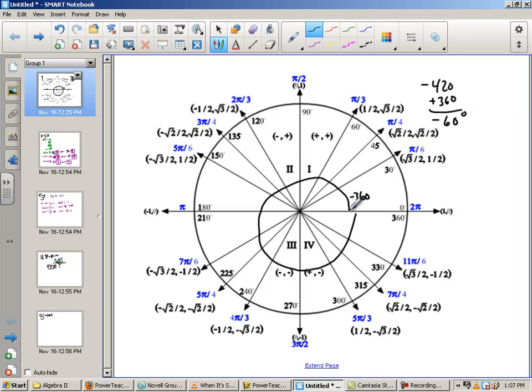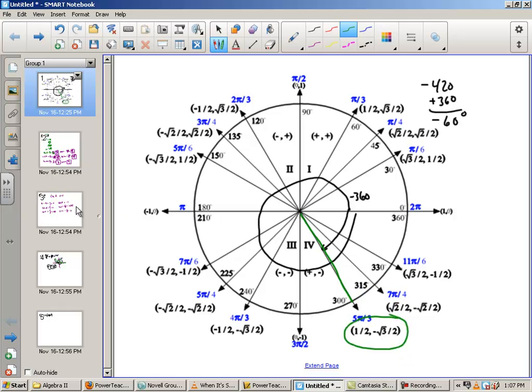So after the first rotation, I still need to go another 60 degrees. Well, 360 to 330 is 30 degrees, then 45 degrees, and there's the 60 degree gap. So I'm going to come all the way down to right here, and this line is where my angle is going to be at. So this is the ordered pair that I want.